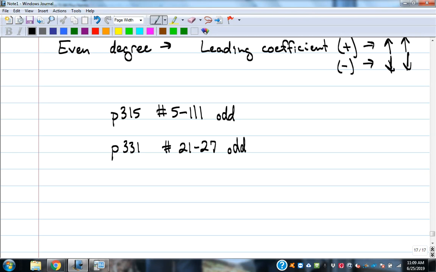In the announcements, the final exam won't be posted, but the practice final is in the announcements on Canvas. That's not the final exam, that's the practice final.